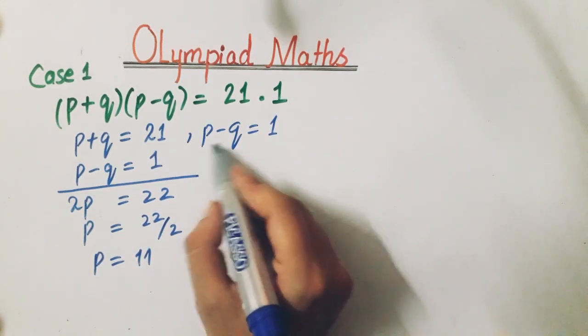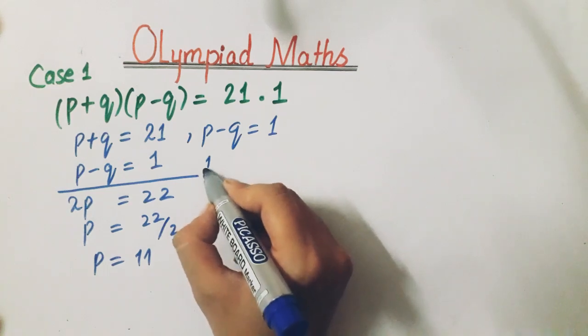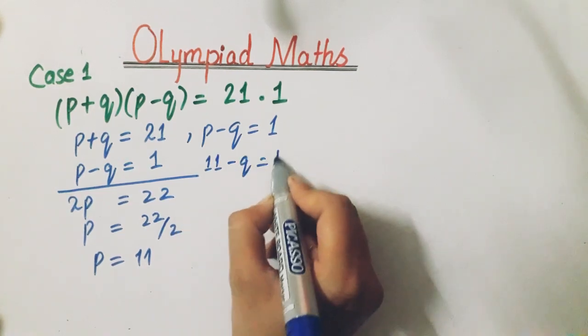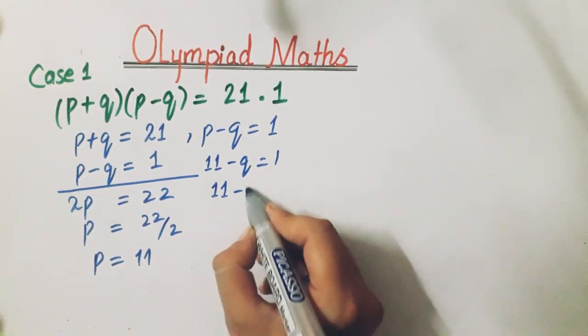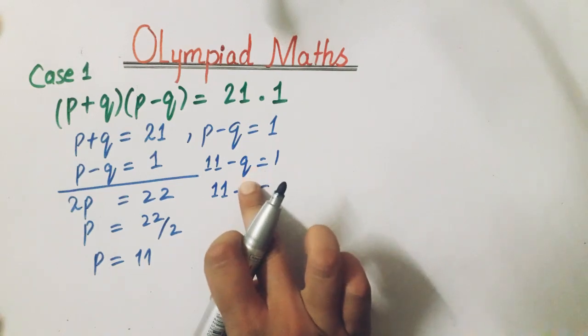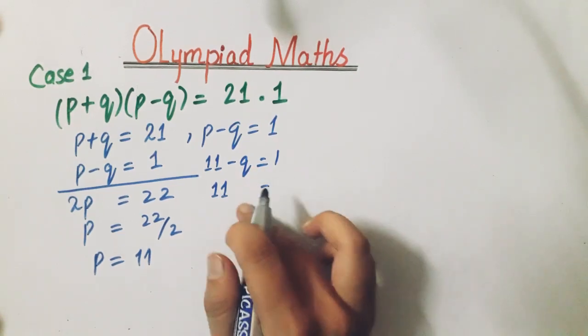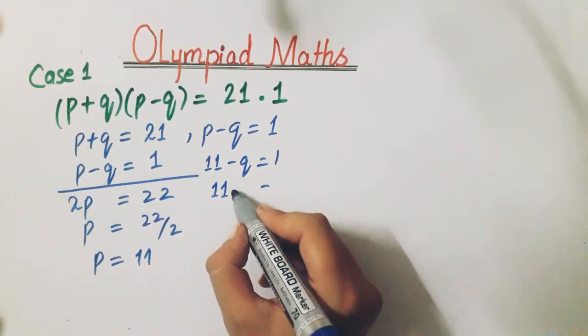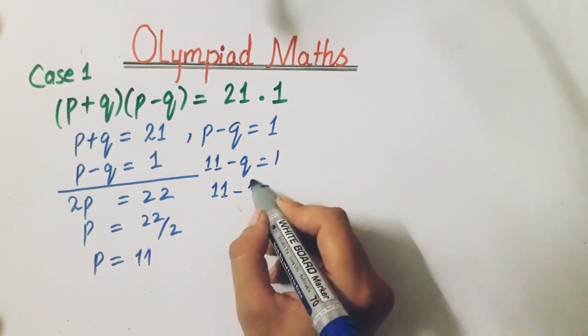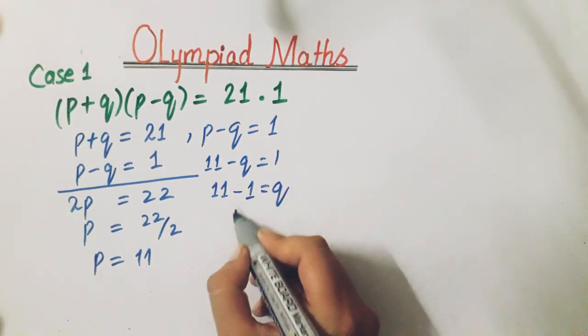Now substitute the value of p in this equation. So 11 minus q equals 1, which implies that 11 minus 1 equals q.